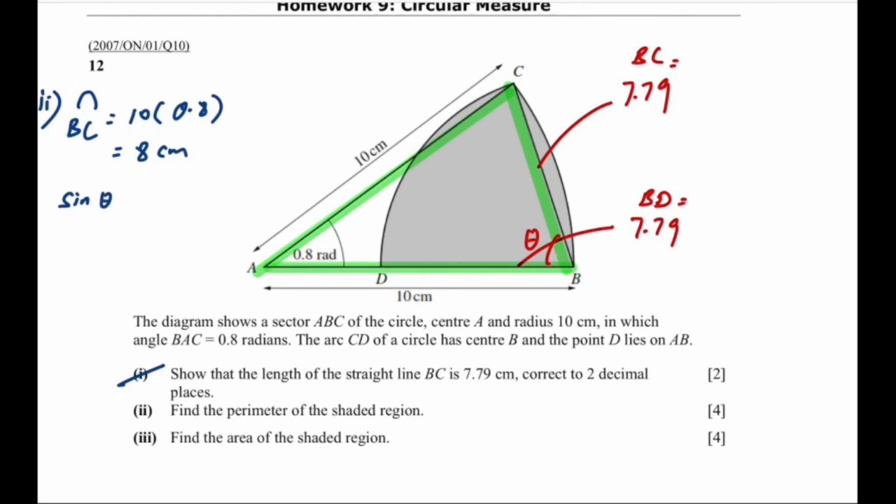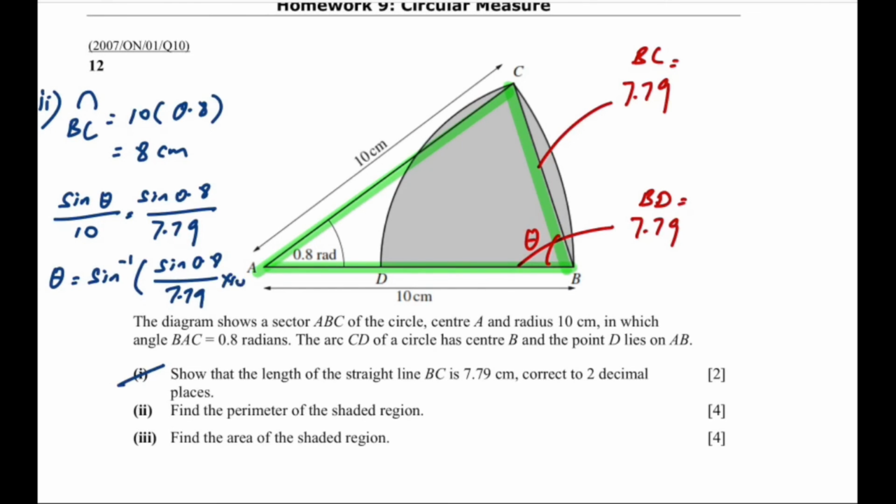Sine theta over 10 equals sine 0.8 over 7.79. So theta should be sine inverse of that, after moving the 10 over, times 10.